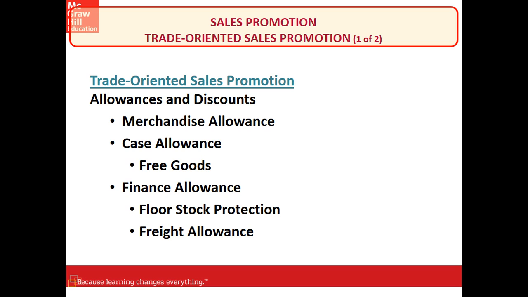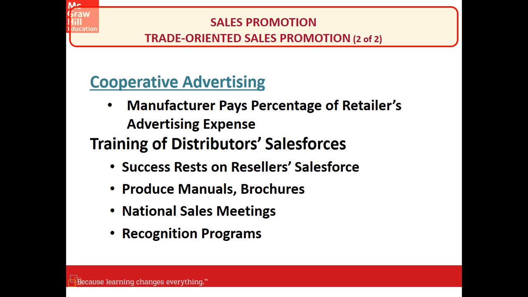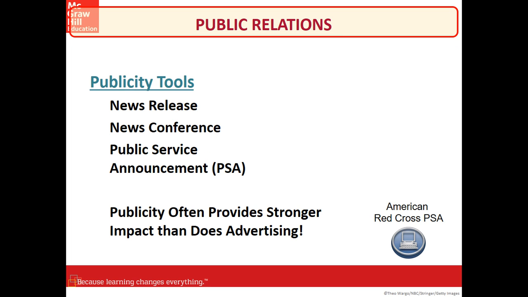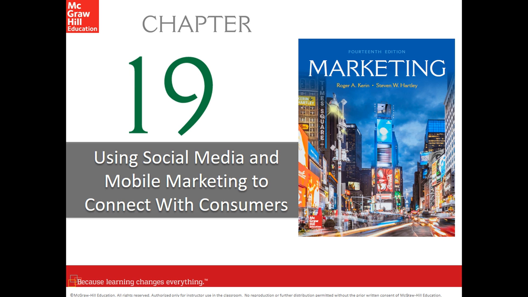Then we talk about trade-oriented sales promotions. That's the merchandise allowance, cash allowance, free goods, finance allowance, etc. Okay? What is cooperative advertising? Between whom? Okay? Publicity, the tools of publicity: news release, news conference, public service announcements, PSAs, etc.